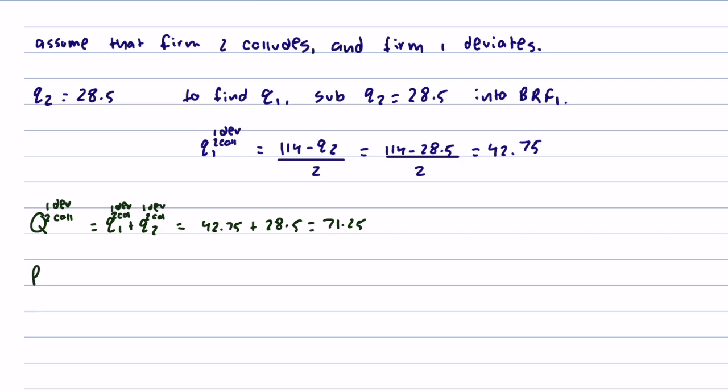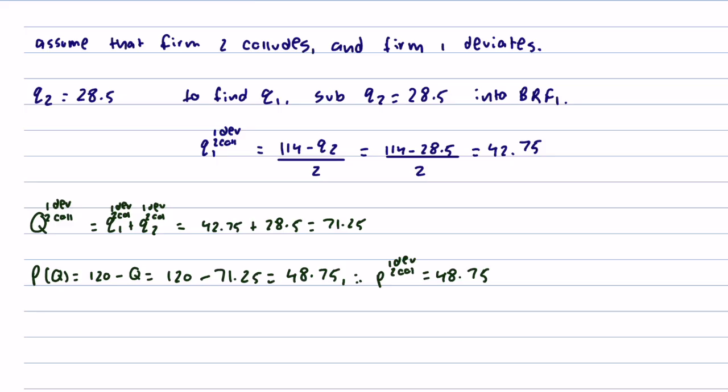We can then find price. We know P of Q is equal to 120 minus Q, which is 120 minus 71.25, which is equal to 48.75. So the price given one deviates and two colludes is 48.75. Okay, we're almost there.